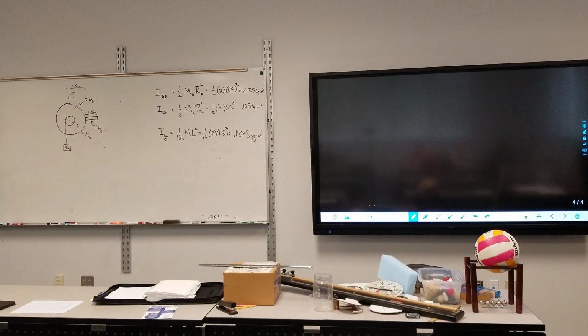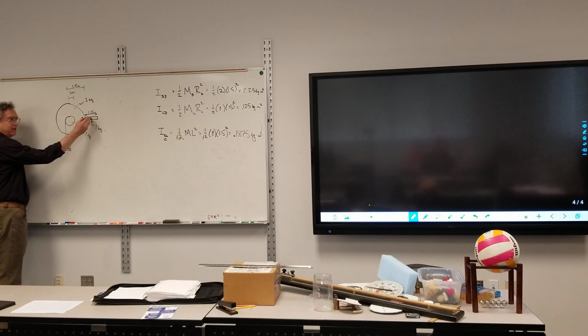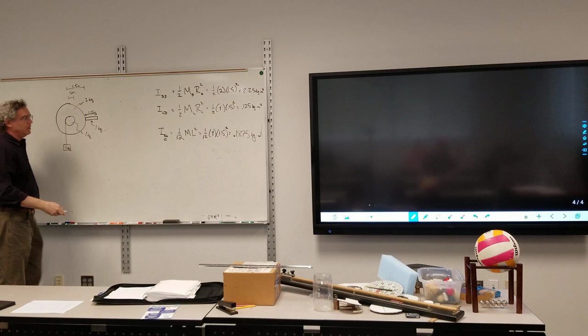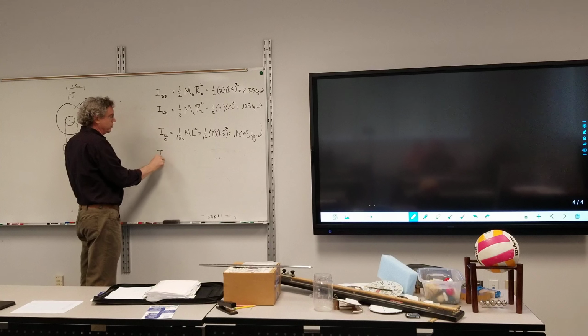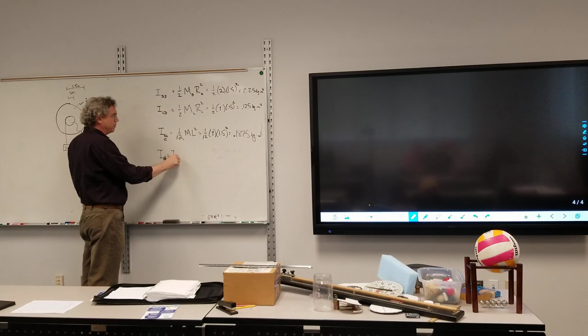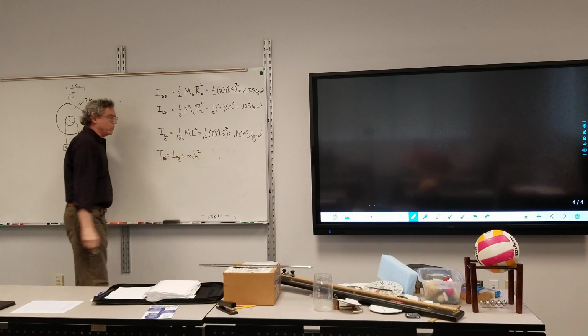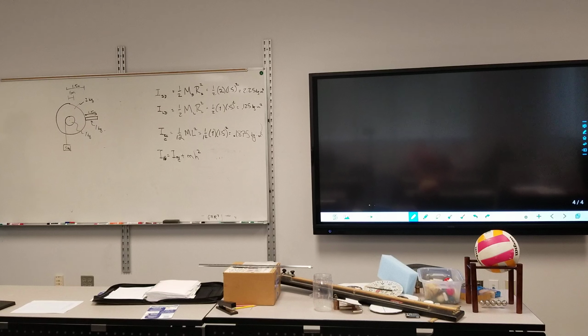All right, but this is not rotating about its center axis, it's rotating about this point. So instead of rotating about an axis that's pointing out like that, it's rotating about an axis pointing out like that, around a parallel axis. So the actual moment of inertia of the rod would be the moment of inertia of the rod about its center plus mh squared, where h is the distance we've actually moved the axis.